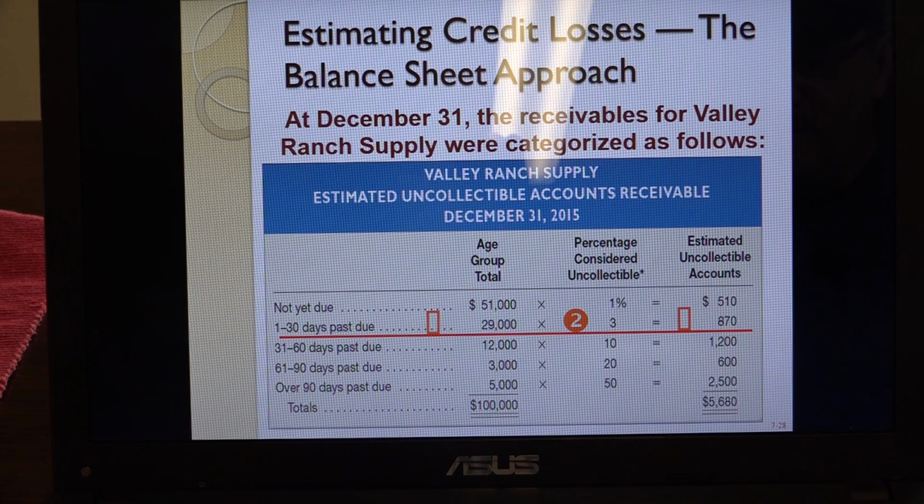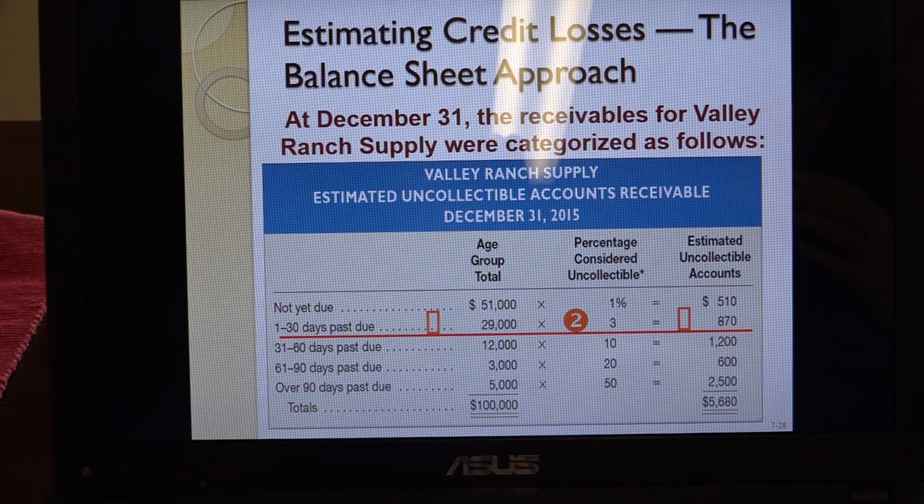We predict 3% uncollectible. Okay, whatever. Maybe that's based upon experience for this company. And so you multiply the total amount in that column, 29,000, times the 3% they deem will be uncollectible. Come up with 870 in this case.